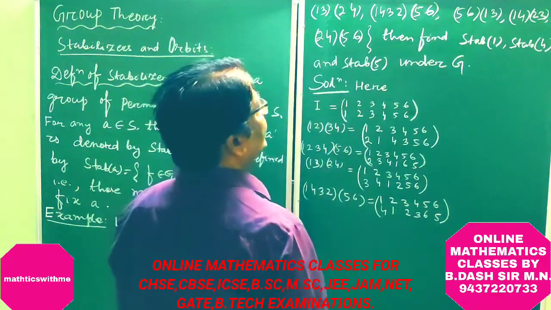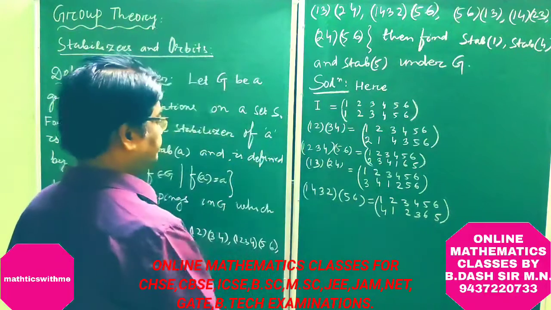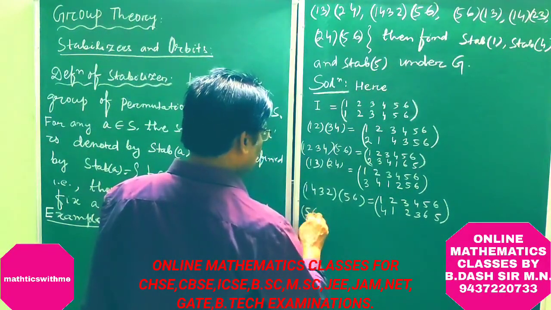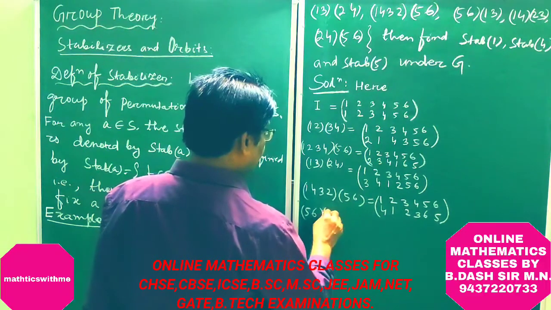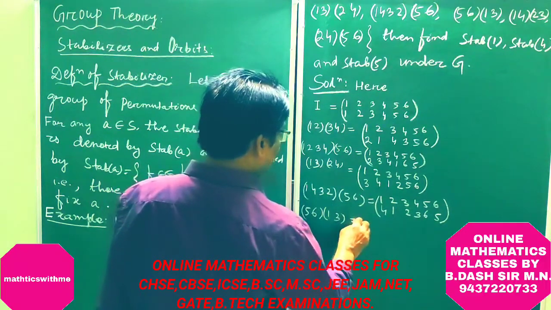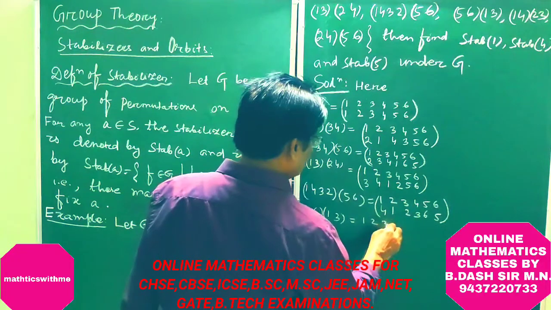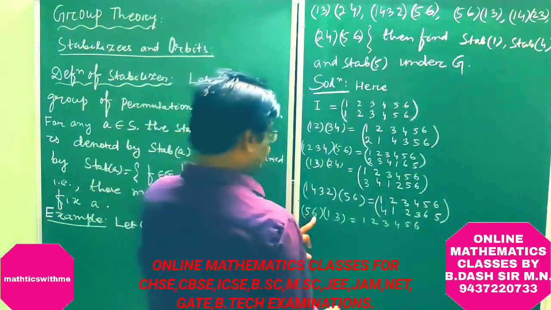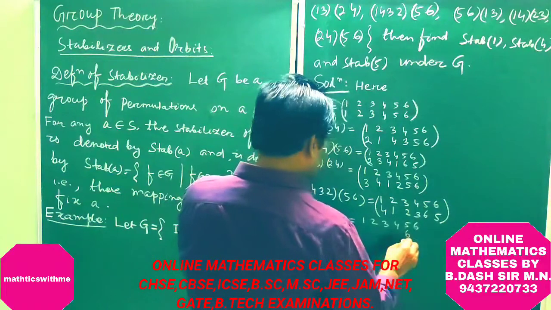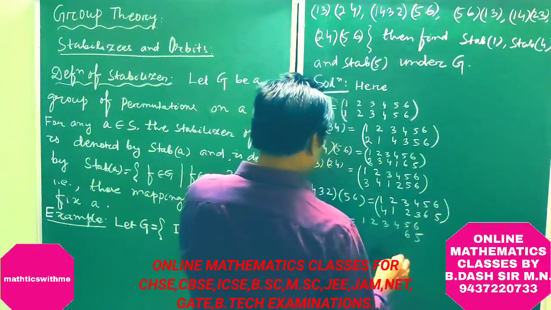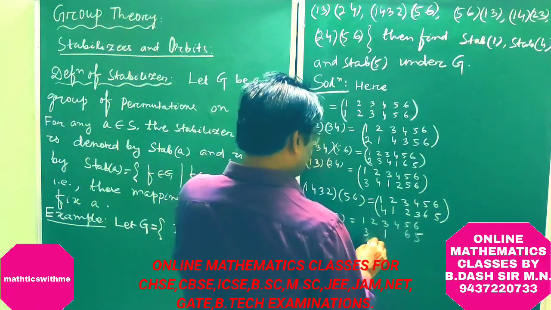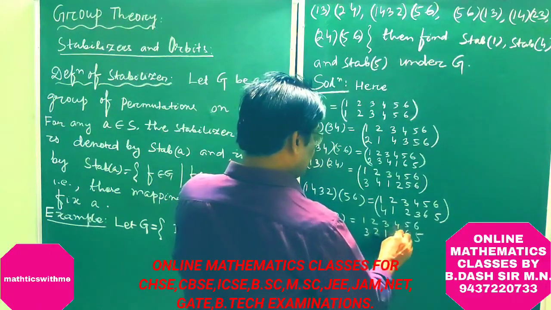Then (5 6)(1 3) is equal to 1, 2, 3, 4, 5, 6. Here 5 related to 6, 6 related to 5, 1 related to 3, 3 related to 1, then 2 related to 2, 4 related to 4.